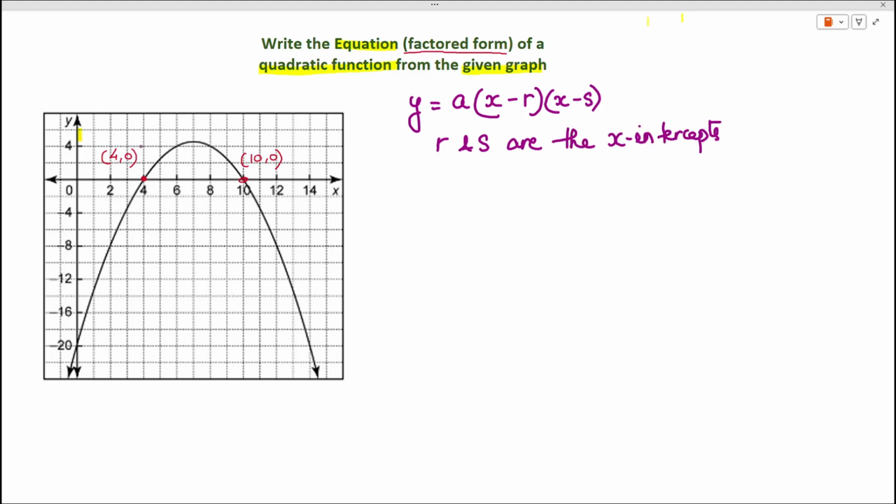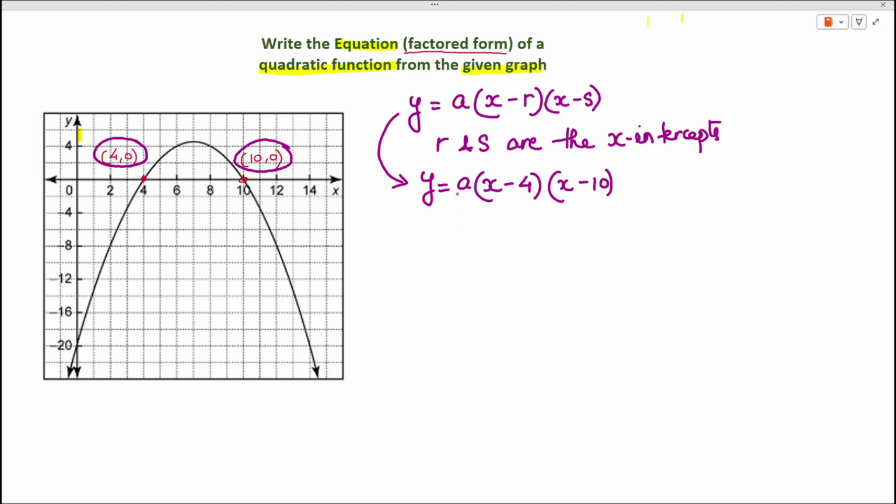Because we've been given the x-intercepts 4 and 10, let us first put these into the equation. We'll replace r and s by the two x-intercepts. So we get the equation y = a(x - 4)(x - 10).